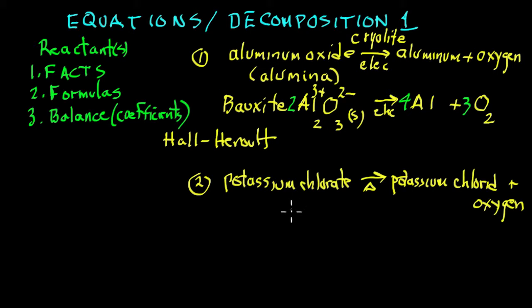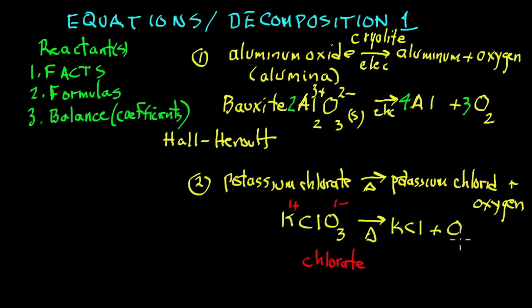Now, just the other day, I noticed on a website from some university, they had potassium chlorate. This is a polyatomic. This is a 1 plus and a 1 minus. It's called chlorate, polyatomic. And when it was heated, they wrote KCl plus O3.